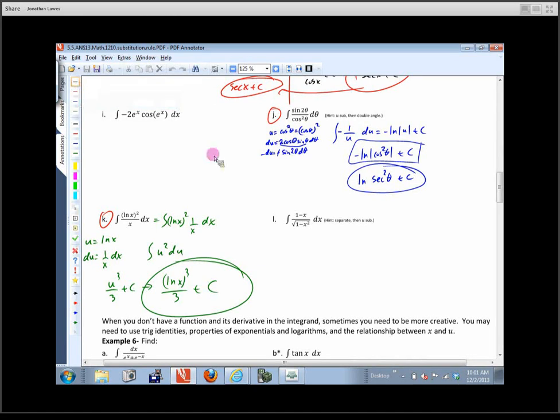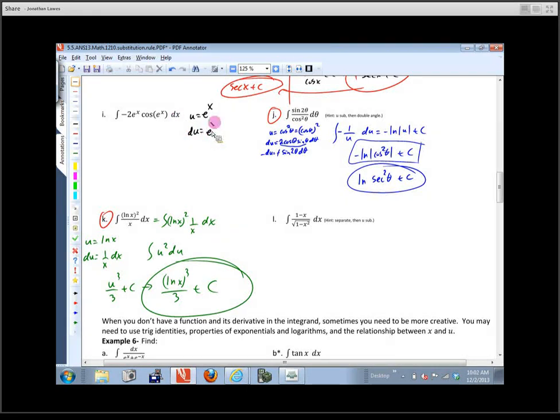So again, usually we're going to choose U to be the inside of some other function, because then when we differentiate that, that'll provide the chain or that other derivative that appears in the integrand. So on this one, our guess would be that u equals e to the x, because that's on the inside. And then du, so we need to change that differential of x into a differential of u.